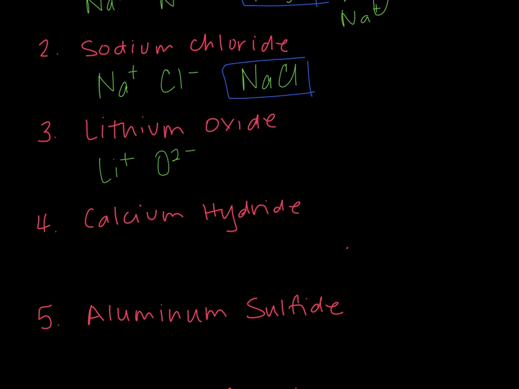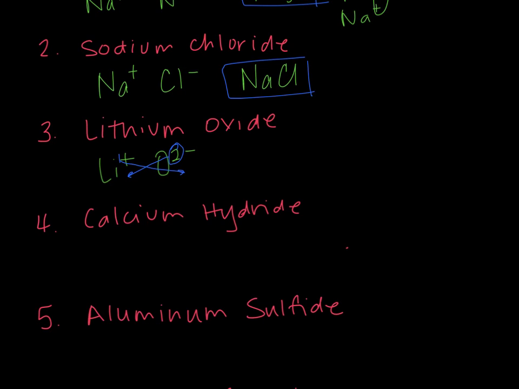you can either think about it and say, okay, this is +1 here, and this is -2, so I need 2 of these to balance out one of those, or you can just take that number and bring it down here, and then take the 1 right here and bring it down here. You're not taking the charges down.